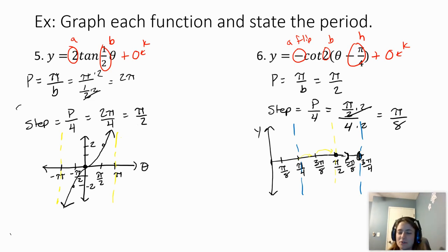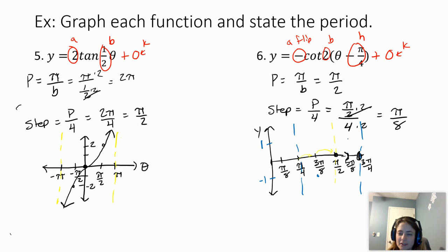We know cotangent usually goes down from left to right, but we're flipping it because of this negative a value. So we're going to go up from left to right. And notice the a value is -1. So no vertical stretch there. So at 3 pi over 8, we're at -1.